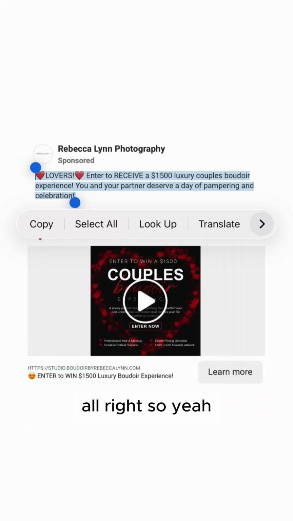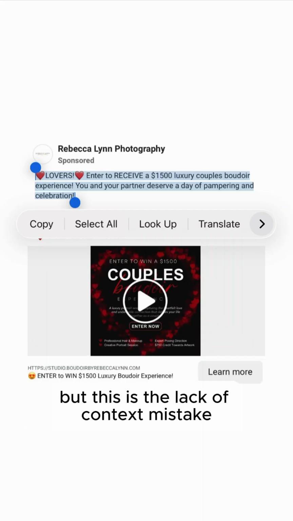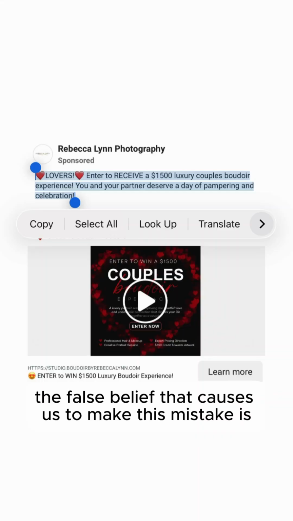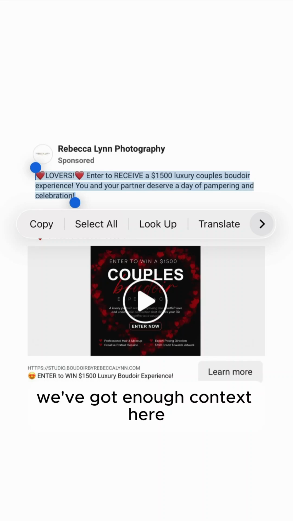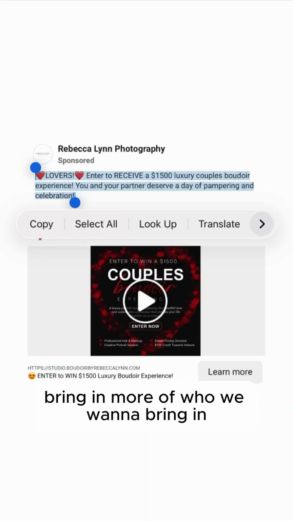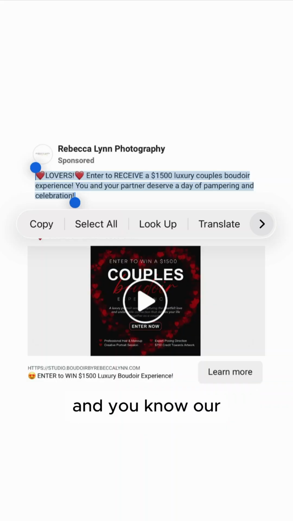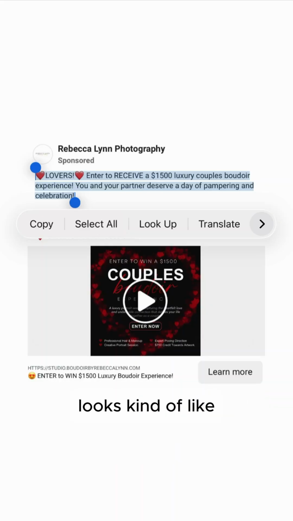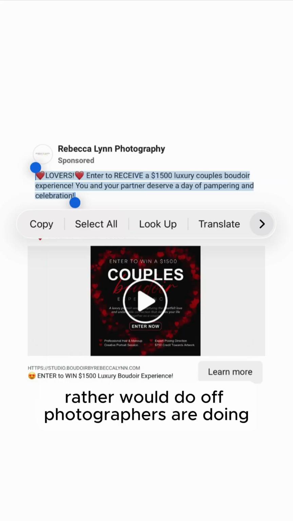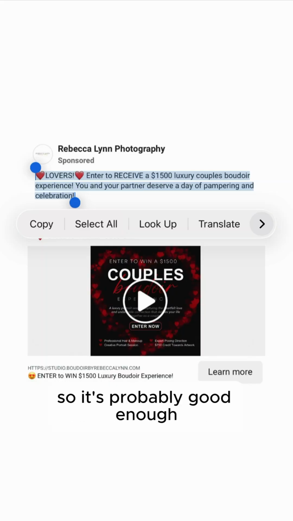All right, so yeah, we got a little bit of context here, but this is the lack of context mistake. The false belief that causes us to make this mistake is we believe that we've got enough context here to actually bring in more buyers, bring in more of who we want to bring in, and our see more headline here looks kind of like what other boudoir photographers are doing, so it's probably good enough.